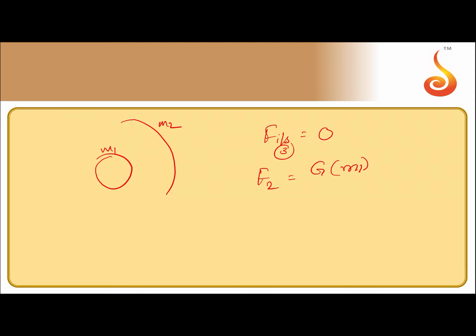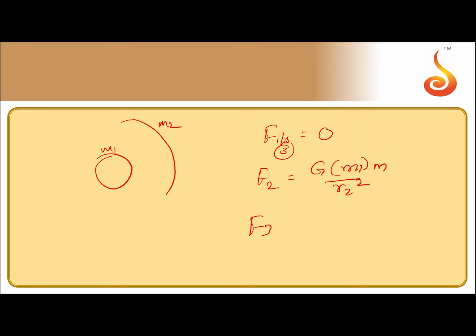So keeping this in mind, if I consider this construction, this is of radius, this is of mass m1, this is of mass m2. So the force at a point inside, that is at 3, is 0. Force at 2 is G m1 divided by r2 square, where the distance is r2, into m.